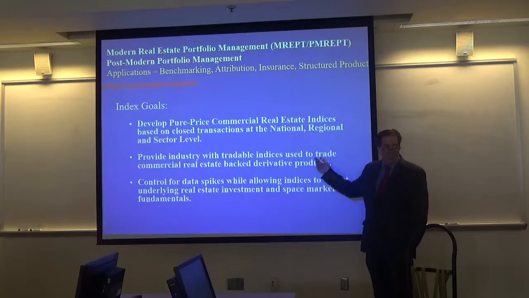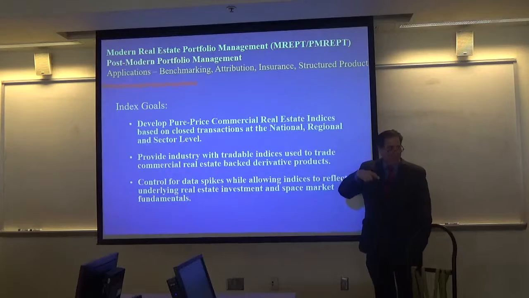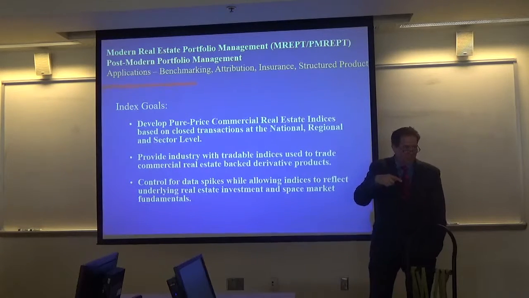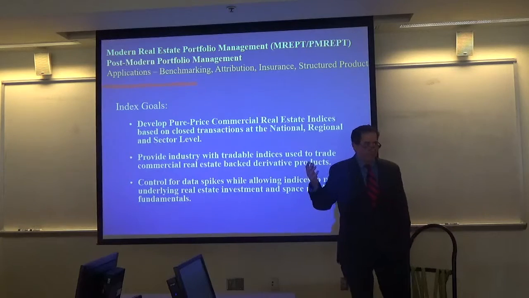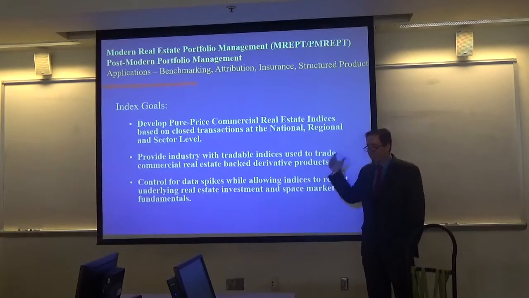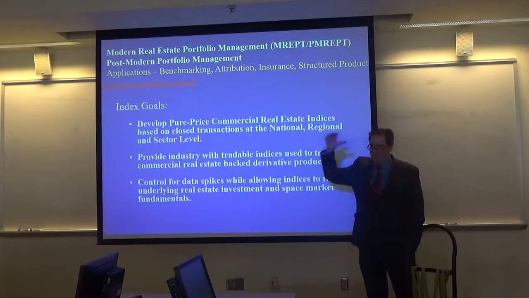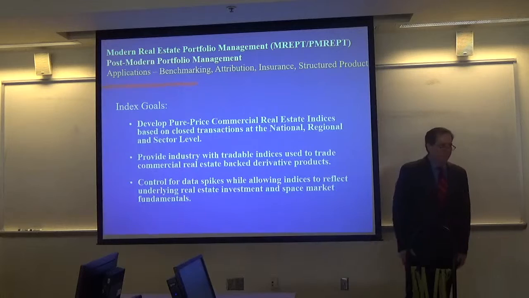This was hard, because nobody really understood what derivatives were. Fixed income and the equity people understood, but the real estate people never heard of derivative contracts or modern portfolio theory using derivatives, because they're not corporate finance quant people, they're real estate dudes, you know, in boots and stuff like that.